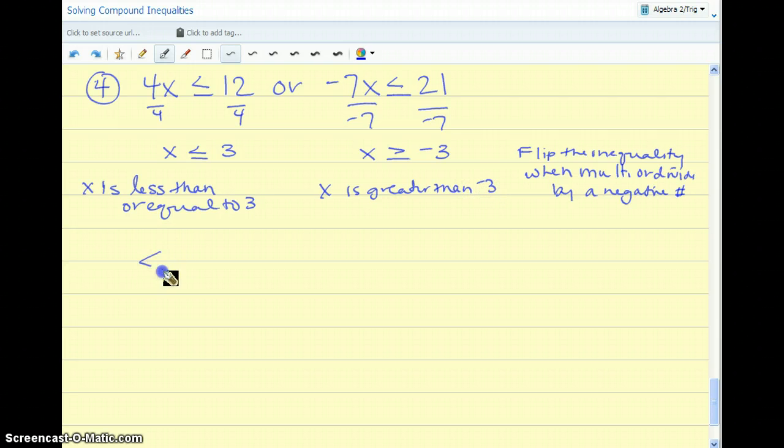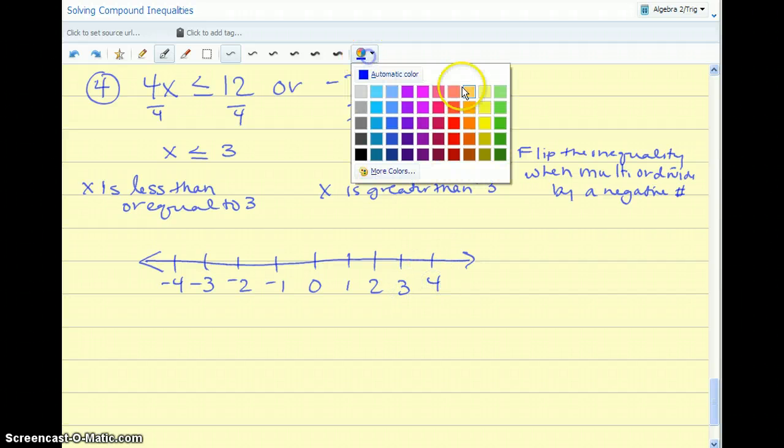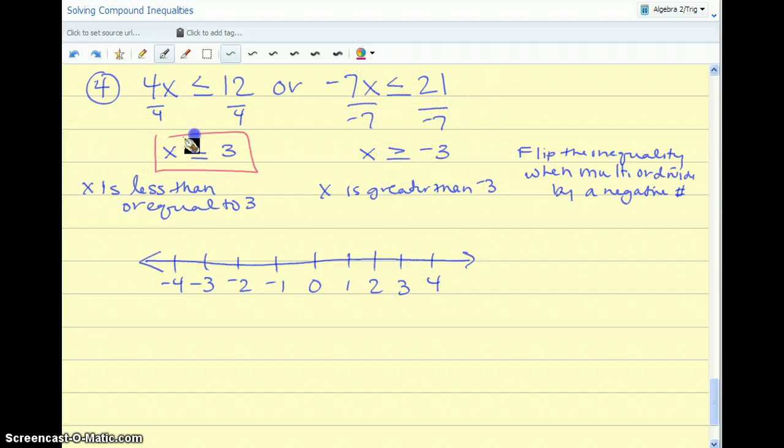Okay, so if I go to my number line, again, starting at negative 3, put something on here that's below it, above it, keep going all the way up to 3, and then go 1 above it. If I graph x is less than or equal to 3, the equal to means that you fill it in, and my pink line will go all the way this way and keep going.